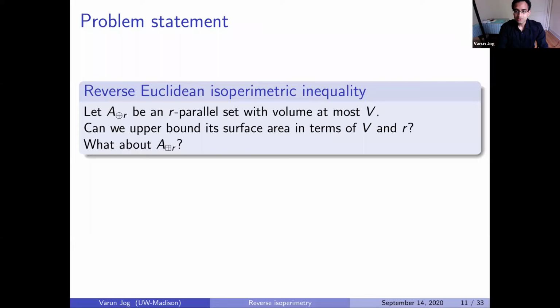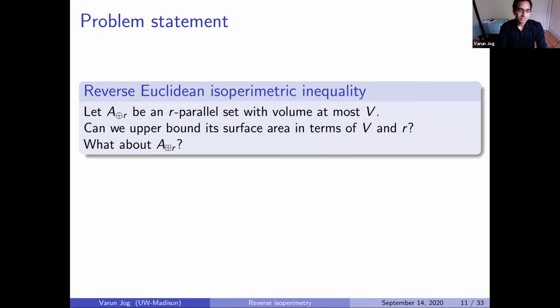And it will also depend on R because the smaller the R, the fewer restrictions you have on the wiggliness of the boundary. So whatever bound you get is going to be directly proportional to V and inversely proportional to R, not exactly linearly, but in some way.